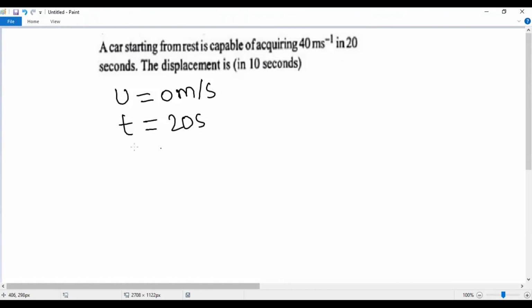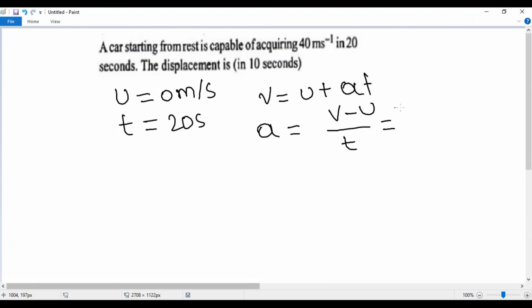So we can find the a here, as we know that v is equal to u plus at. So a will be v minus u by t. So v here is 40 and u is 0, so v is equal to 40 meter per second. So we can now easily derive it.